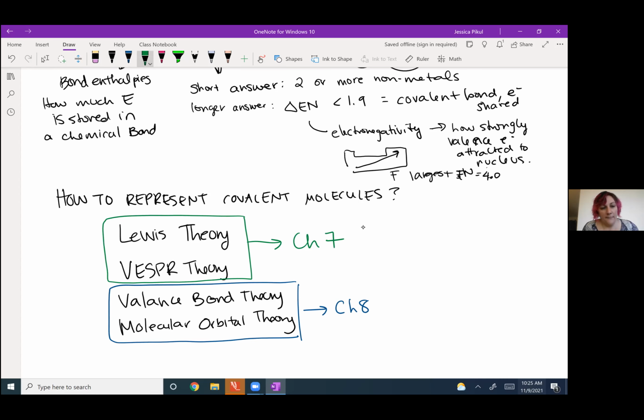So Lewis theory is going to give us Lewis dot structures, which will be in 2 dimensions. And VSEPR theory will give us a picture that is in 3 dimensions.